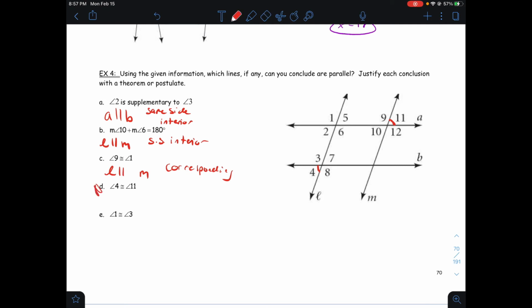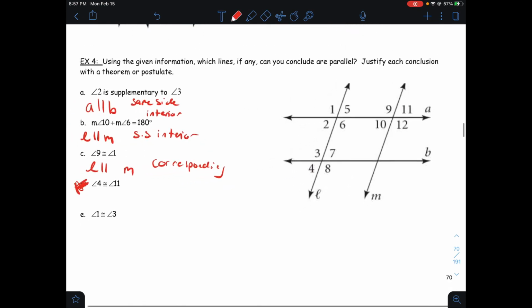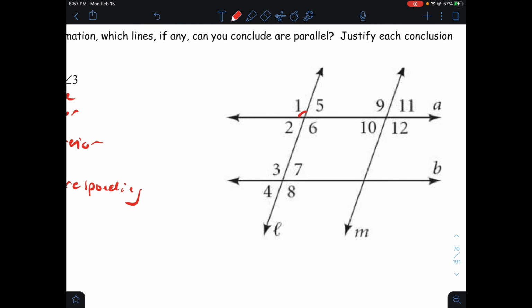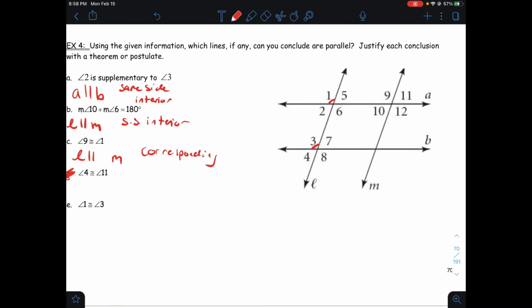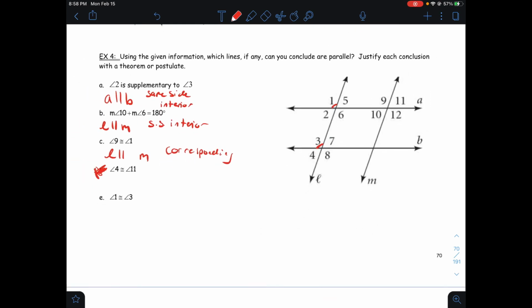And let's see if we had 1 and 3. Let's do 1 and 3. I think 4 and 11 is a little bit confusing. All right, so if I told you that 1 and 3 are congruent, which two lines can you tell me are parallel?